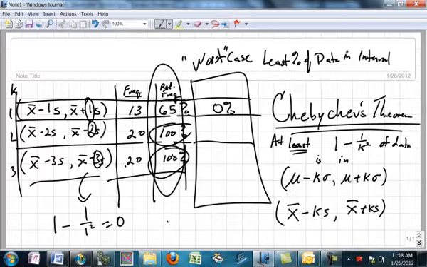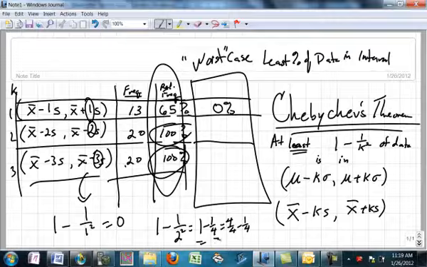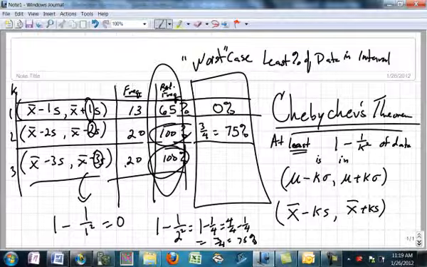But notice if you go out 2 standard deviations, 1 minus 1 over 2 squared, that's 1 minus 1/4, that's 4/4 minus 1/4, that's 3/4, or 75%. So 3/4 or 75% has to be there.